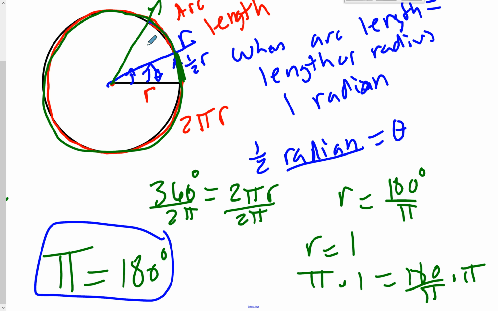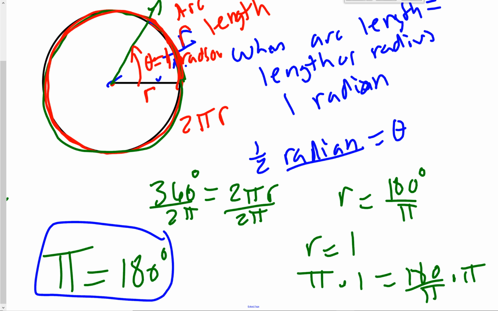And then you can go around the unit circle, from here to here, this angle, since my arc length is r, and my radius is r, that means r over r equals 1, so my angle would be 1 radian.